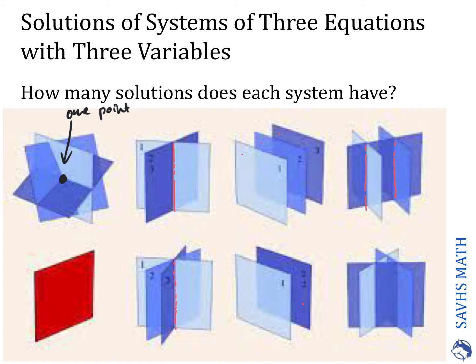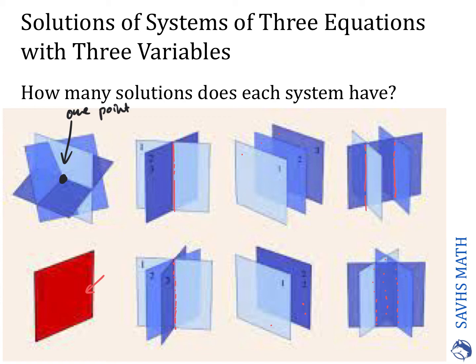This plane is the same as this plane, but then this one is different. So there's no place where all three planes intersect there. There's definitely no place where all three planes intersect here. And sometimes all three planes are just the same. And so there's a million different ways that can happen. Well, really, it's just 8. But there's a lot of different ways that these can come out.